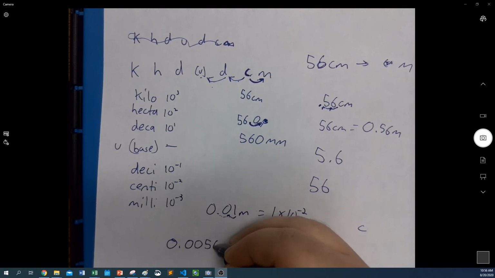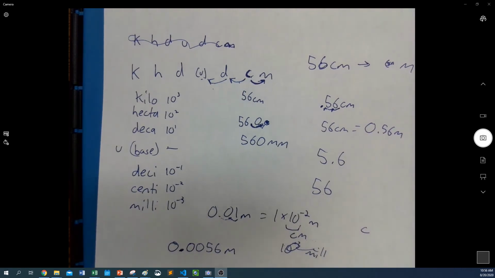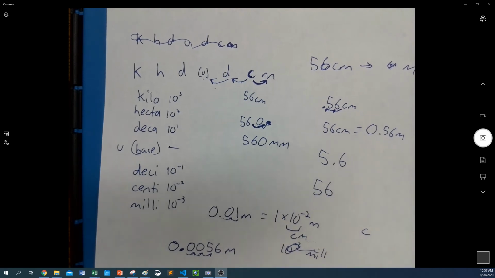0.0056 meters. So I look at the period and I count between the first digit and after the first digit. So 1, 2, 3.